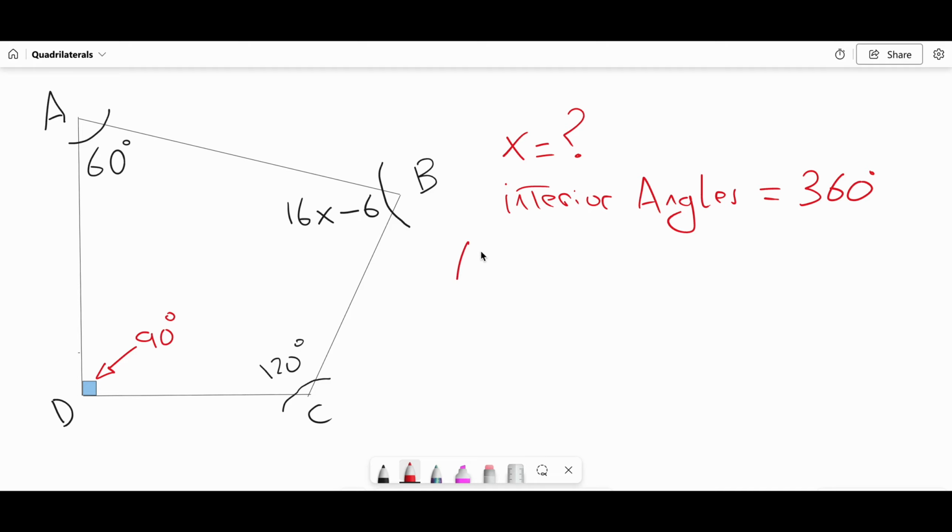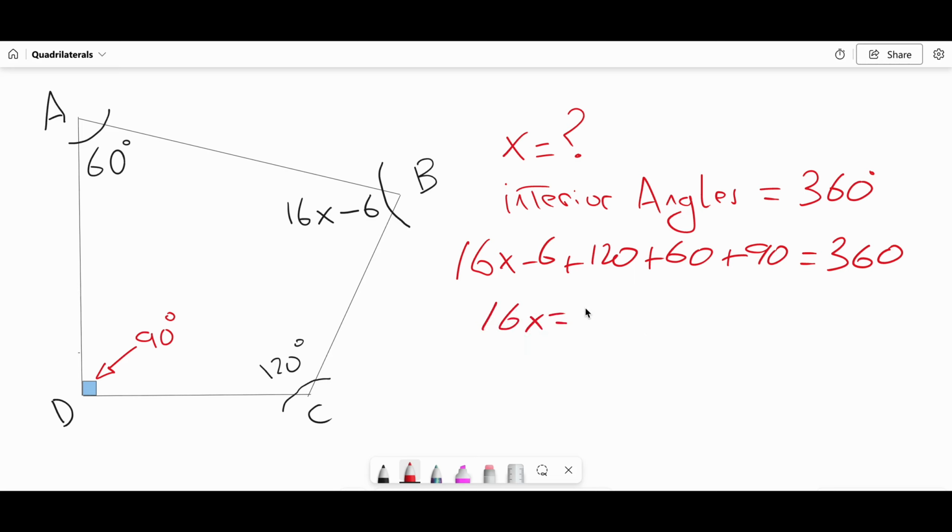So we have that 16x minus 6 plus 120 plus 60 plus 90 should be equal to how much? To 360. We have that 16x is equal to 360 plus 6 minus 120 minus 60 minus 90.